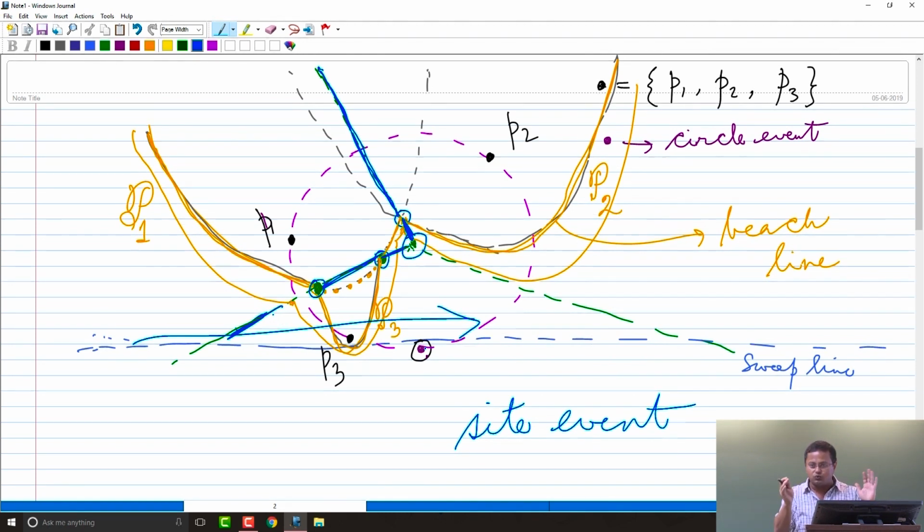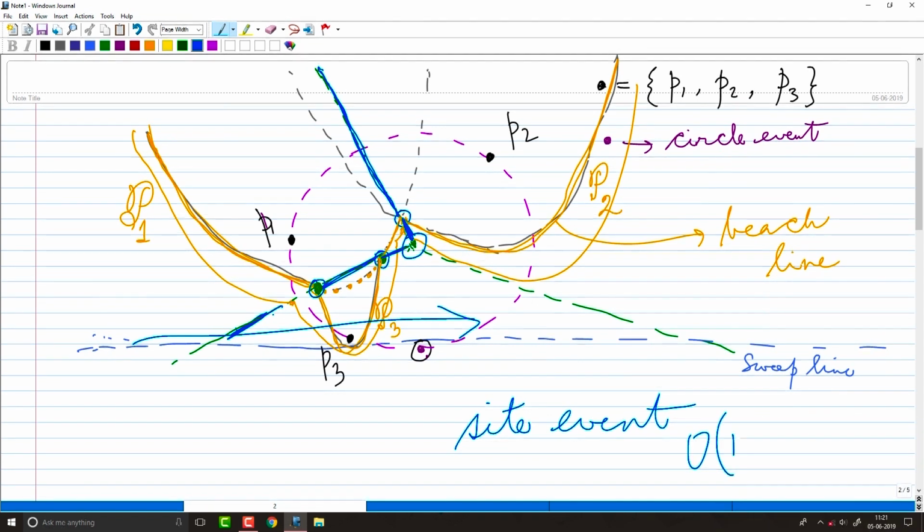All the operations that I do on these data structures are log n: searching, predecessor, successor, picking out the minimum from the heap, inserting into the heap, inserting into the balanced binary search tree, deleting from the balanced binary search tree. Everything is a logarithmic operation. You have n points. So, that is why you have n log n.